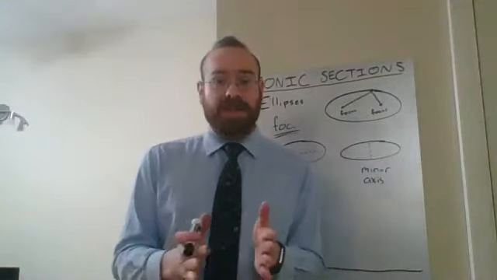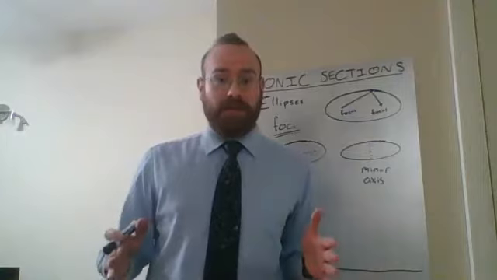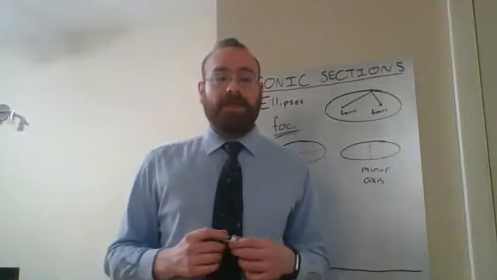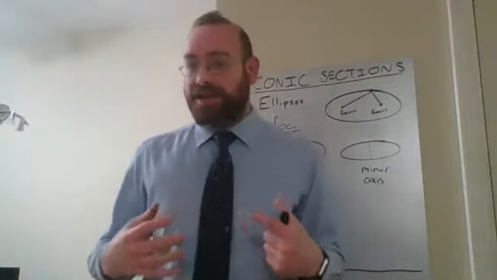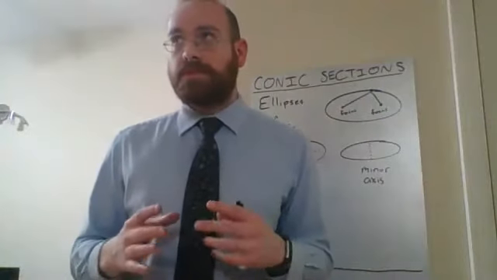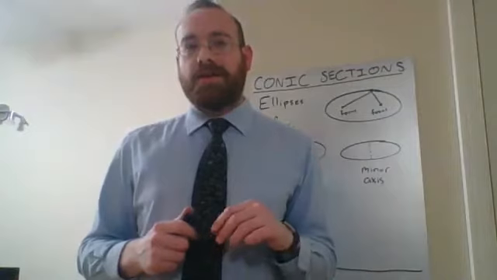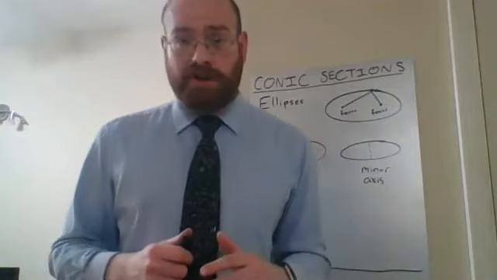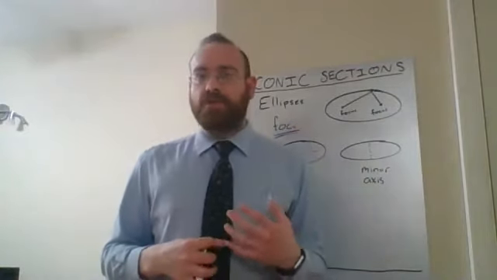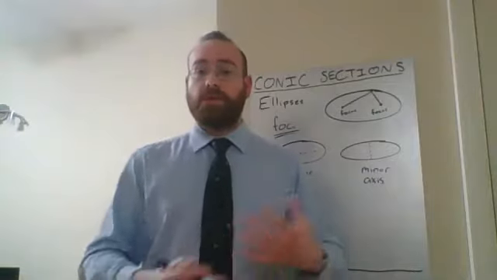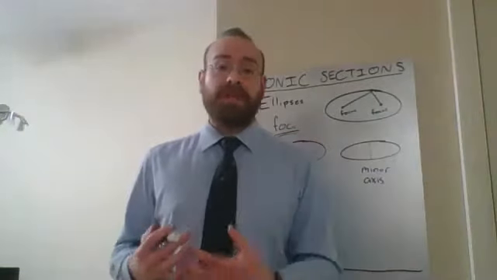There's the shortest diameter and the largest diameter. It's not a very precise way of explaining what these are, but it is a very accurate way of helping us relate what we know about circles to what we're learning about ellipses.